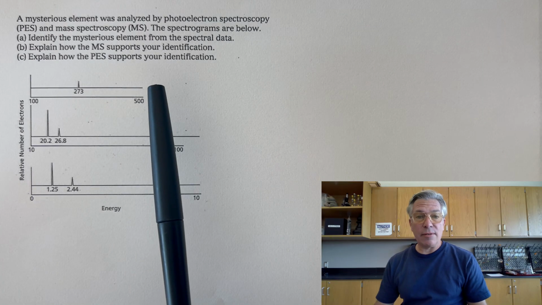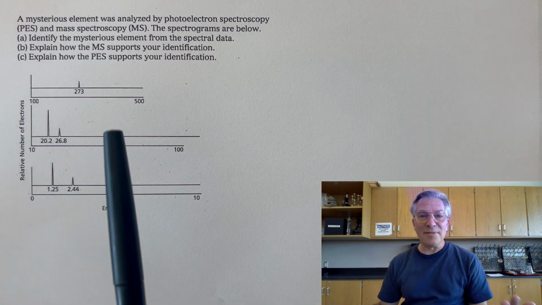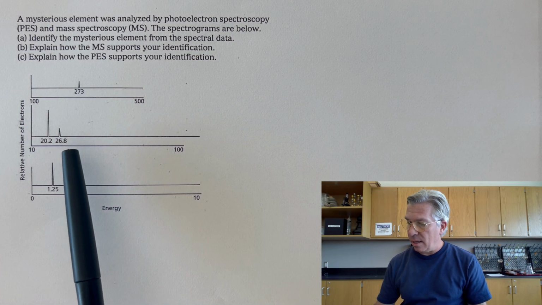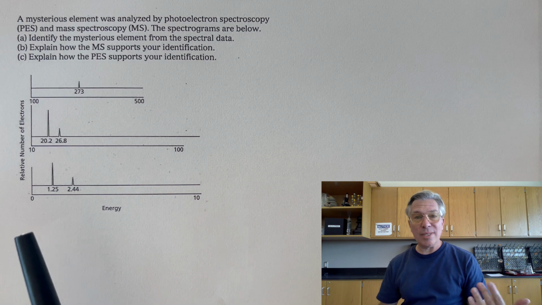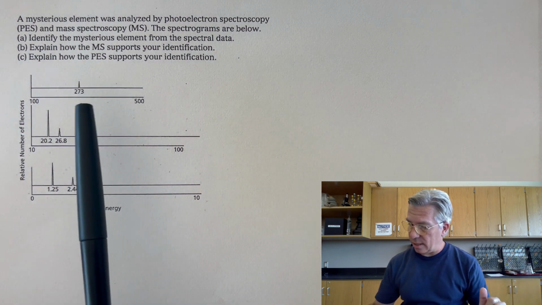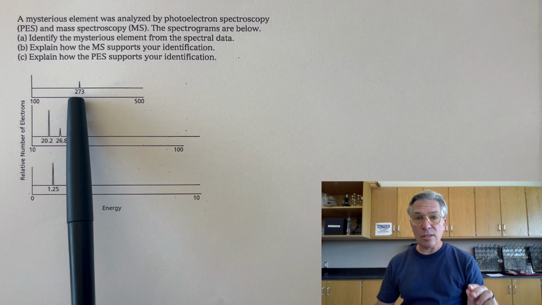So first, let's identify the element. I always say find the highest energy peak, which is 273. This one is split into 3 segments, but it's all one graph, so you just get used to that. That's our highest energy peak, so that's going to be our 1s.